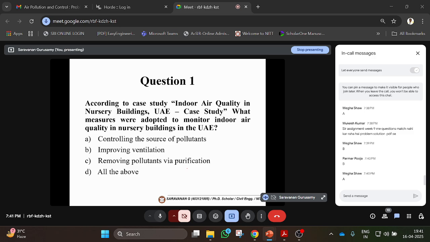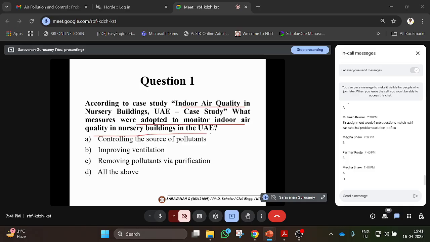So for the 9th week, according to the case study, indoor air quality in the UAE, what measures were adopted to monitor the indoor air quality in nursery buildings? What are the measures? Controlling the source of pollutant, improve ventilation, removing pollutant via purification, all the above. Yeah, all these are strategies they have given after the measurement, because they took a survey in all the nursery schools, right?